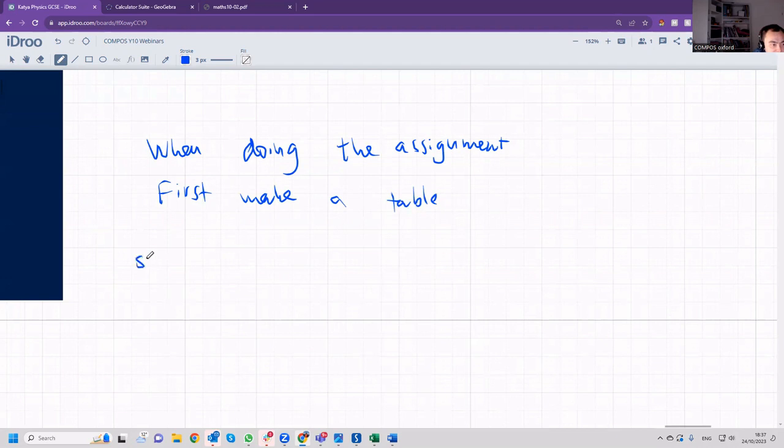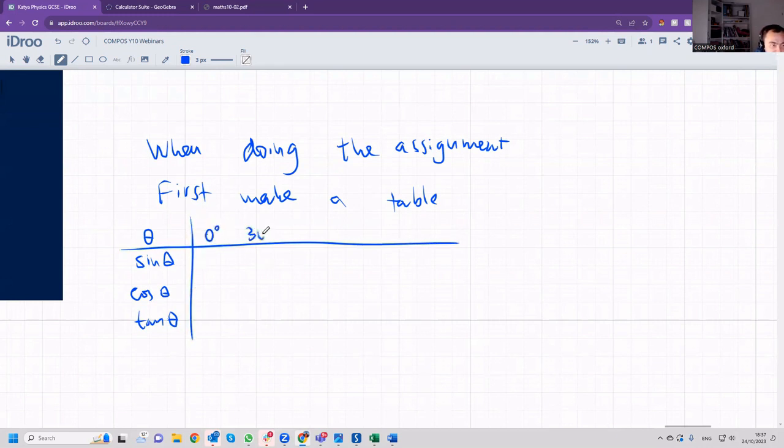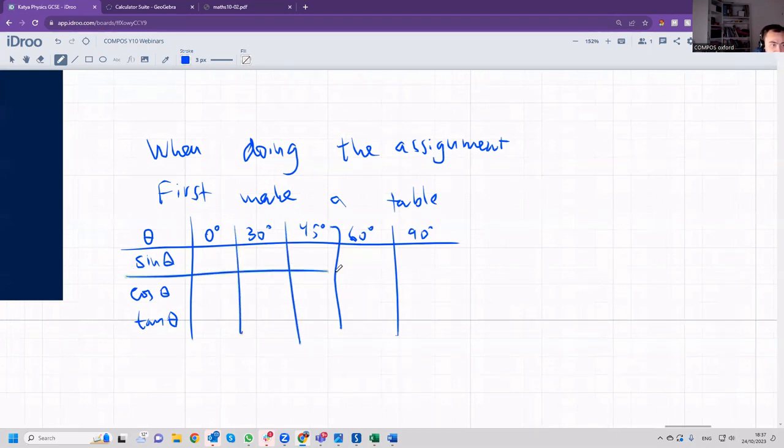So the angle, sine of the angle, cos of the angle, and tan of the angle. Make a table for yourself, starting with 0 degrees, 30 degrees, 45 degrees, 60 degrees, and 90 degrees. Fill this table because you'll really need it throughout the assignment.